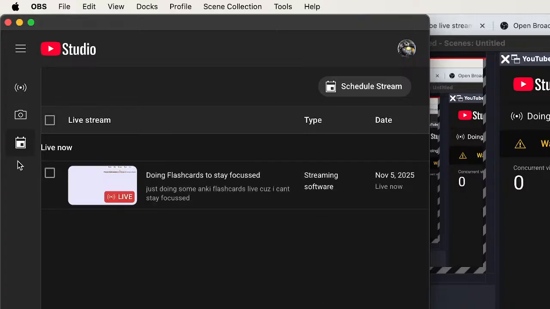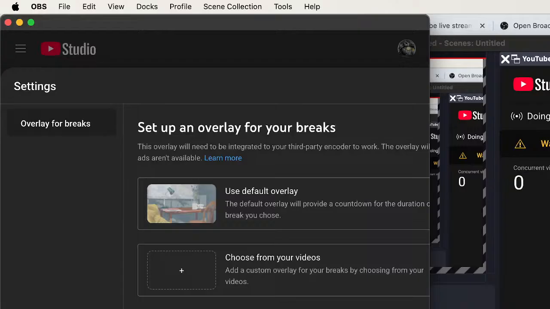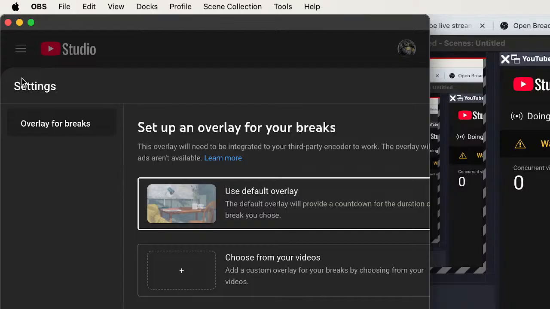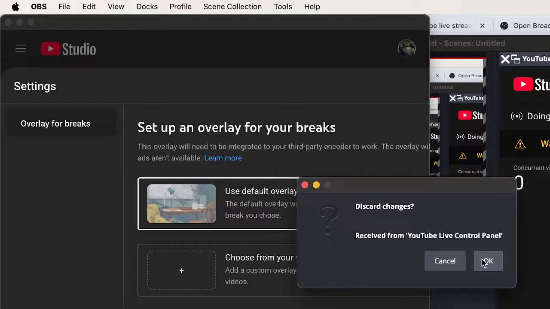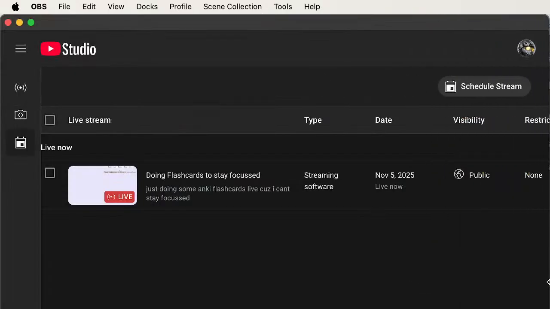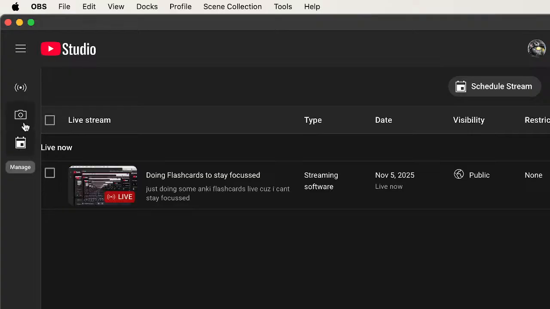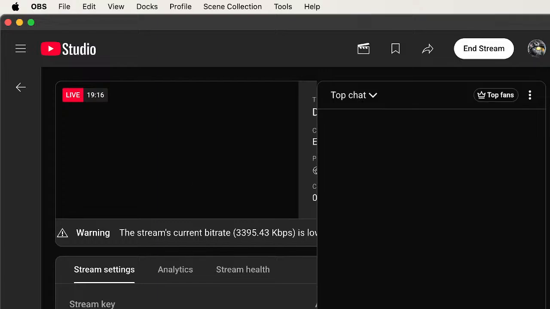It's amazing, bro. Can I flashcard myself? Default overlay, that kind of looks cool. Let's go back to the dash. What are we up to?